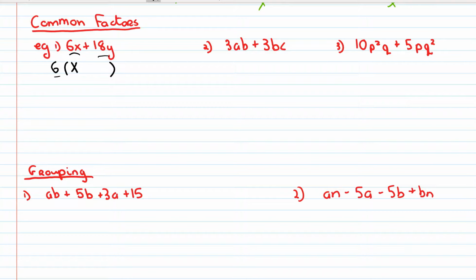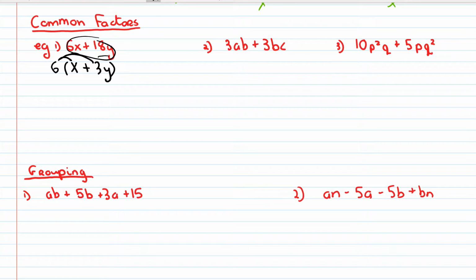I multiply it by x. Plus, what do I have to multiply 6 by to get back to 18y? I multiply it by 3y. Okay, so that's that done. Very easy. And just to check, if we multiply this by this and this by this, we get back to the original again. So that's how we know we're right.